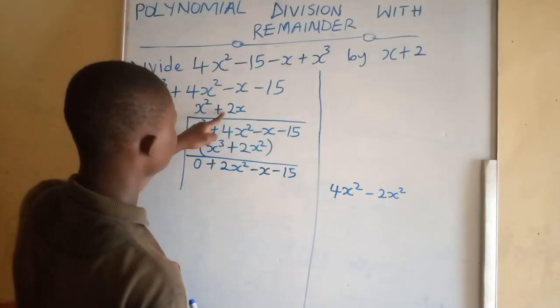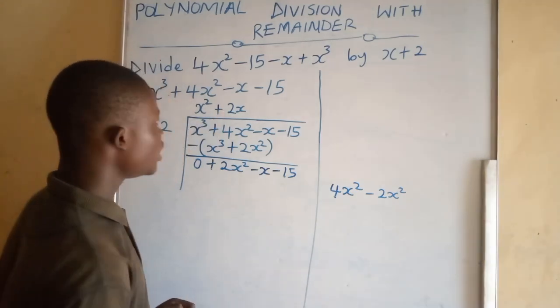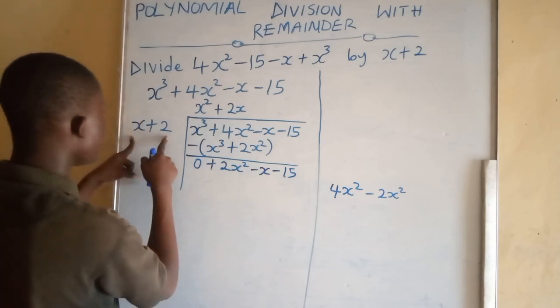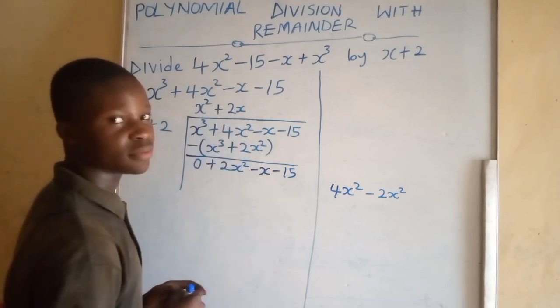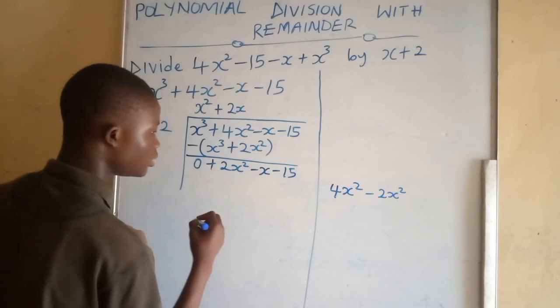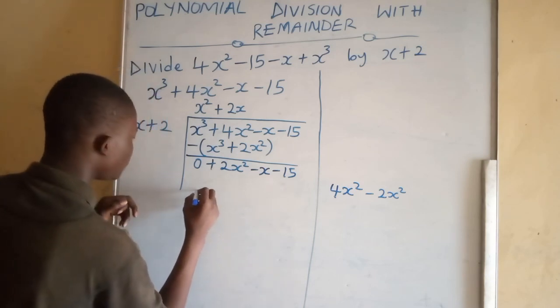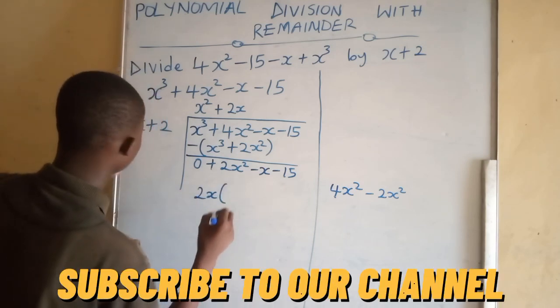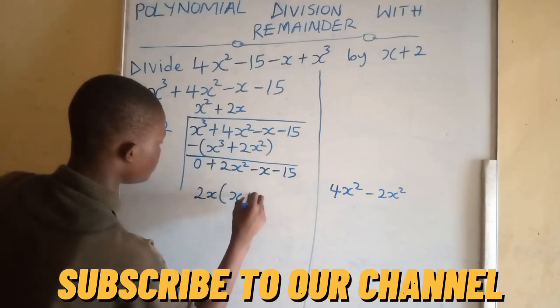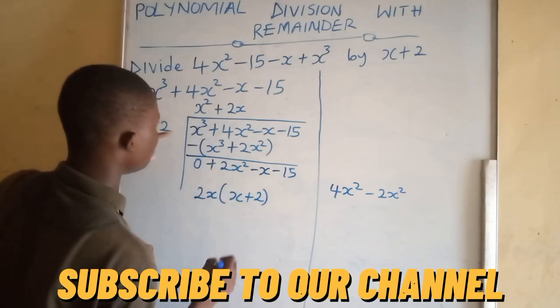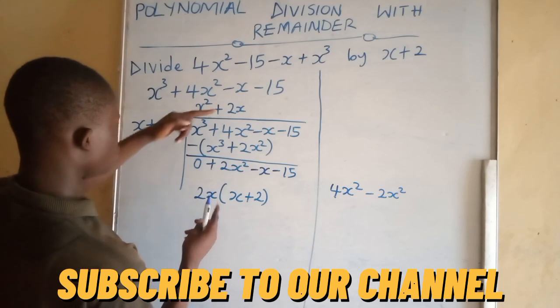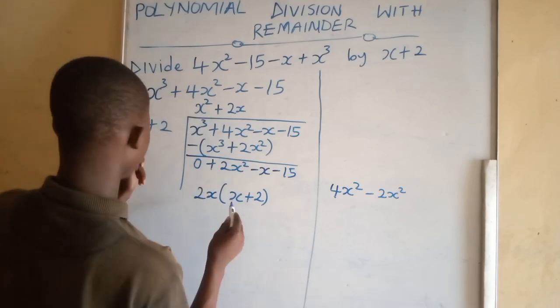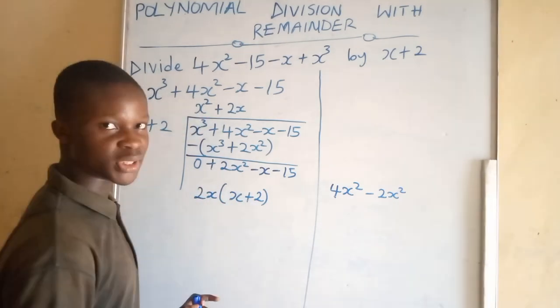After taking this step, the next thing to do is to multiply what is here by this 2x again. This is what I mean. That means that you multiply everything here by this. This is it now. 2x into bracket x plus 2. I think you are with me.